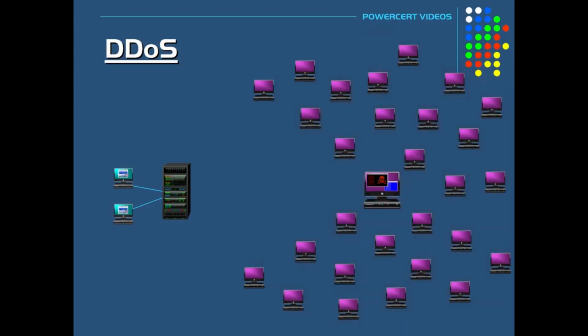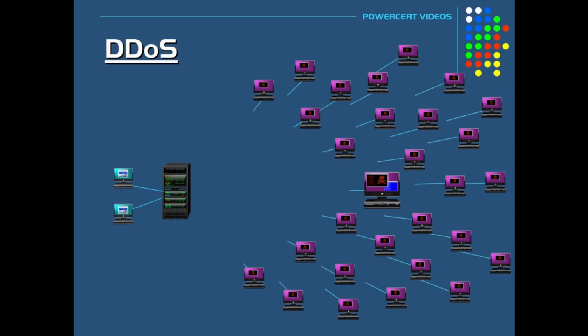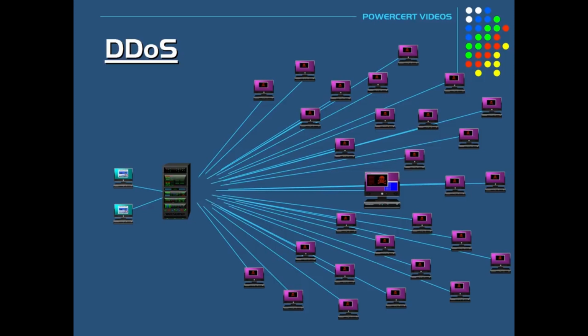So if a vulnerable computer goes to these infected websites or opens these infected email attachments, the malware will be installed on their computer without the owner even knowing that their computer has been infected. So now their computer has been recruited in an army of other infected computers to perform a DDoS attack.